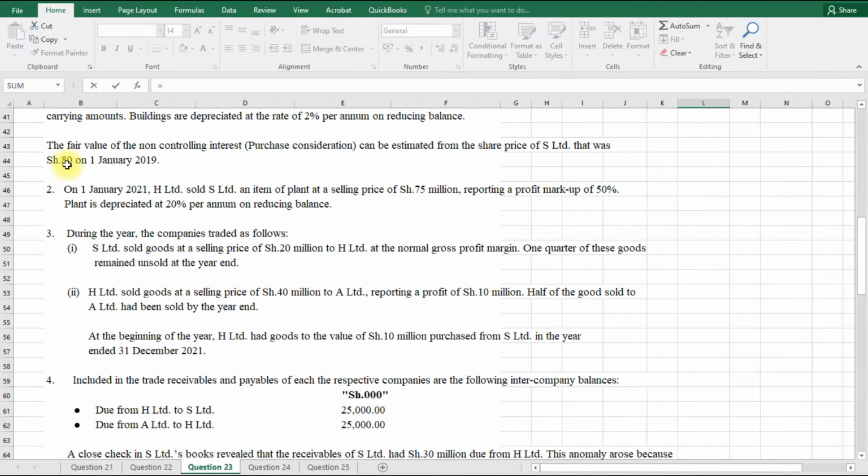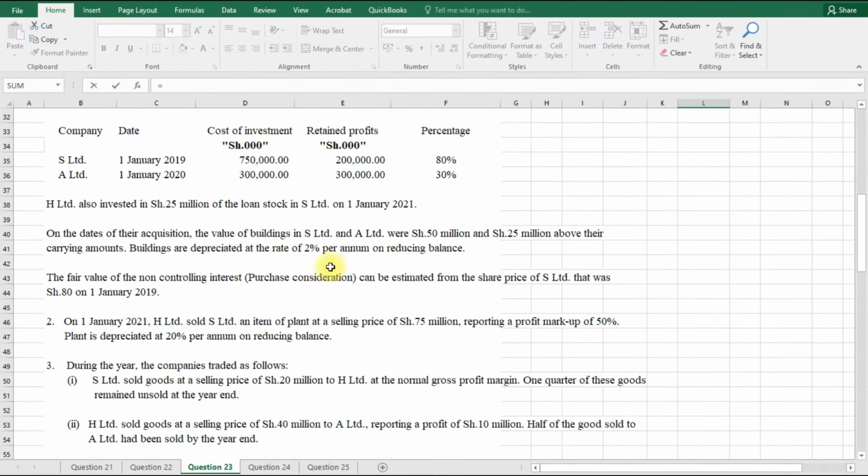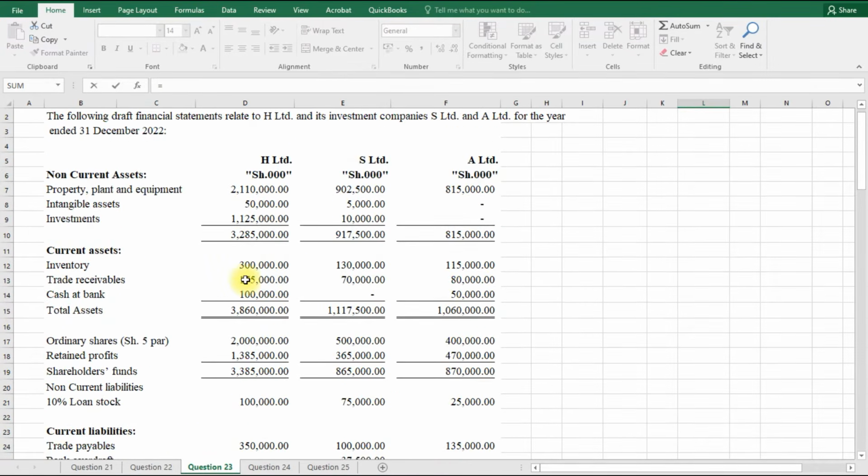And there was a problem, because when you calculate with 80, I will show you the problem that will be there. So to get the fair value NCI, our number of shares: S has a share capital of 80, and we shall divide this by the par value of 5 shillings, and we multiply by 8 shillings instead of 80, and we'll elaborate why we are multiplying by 8.